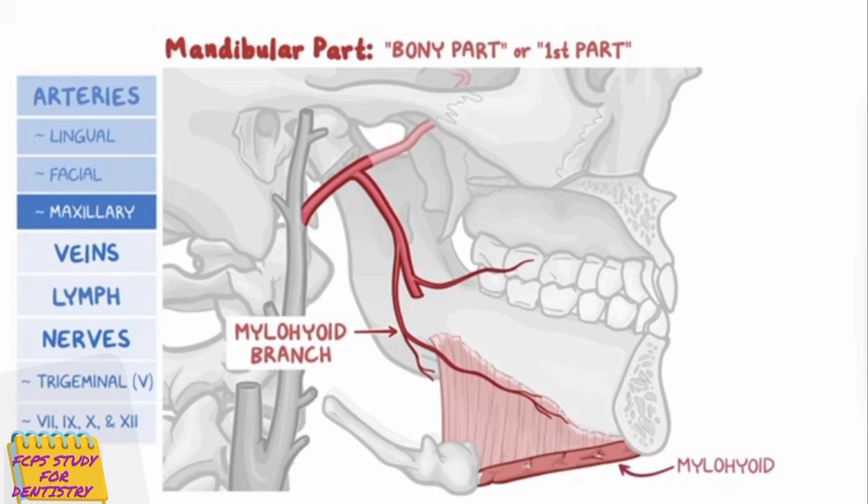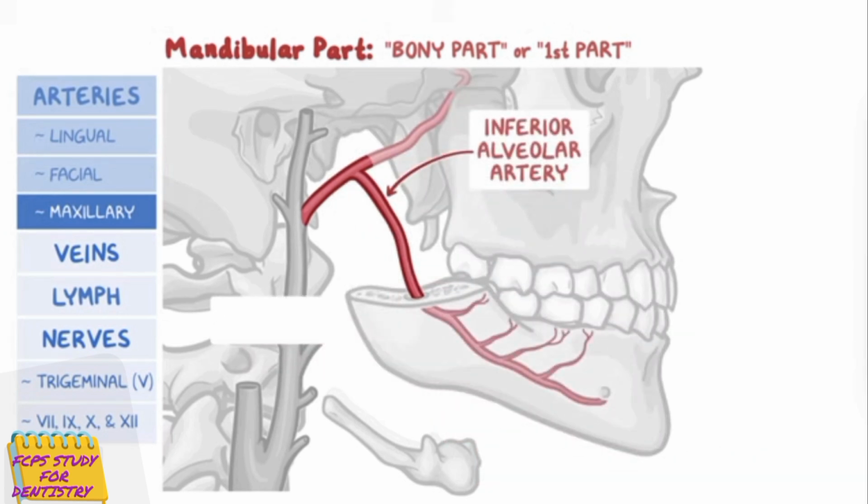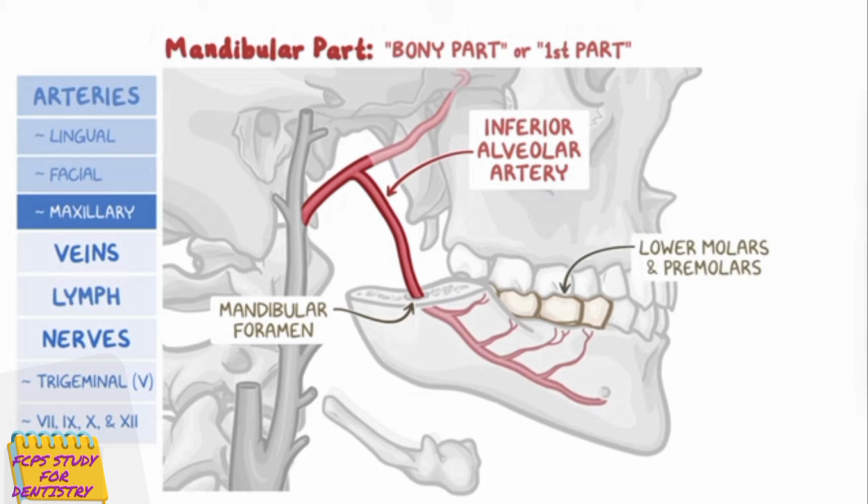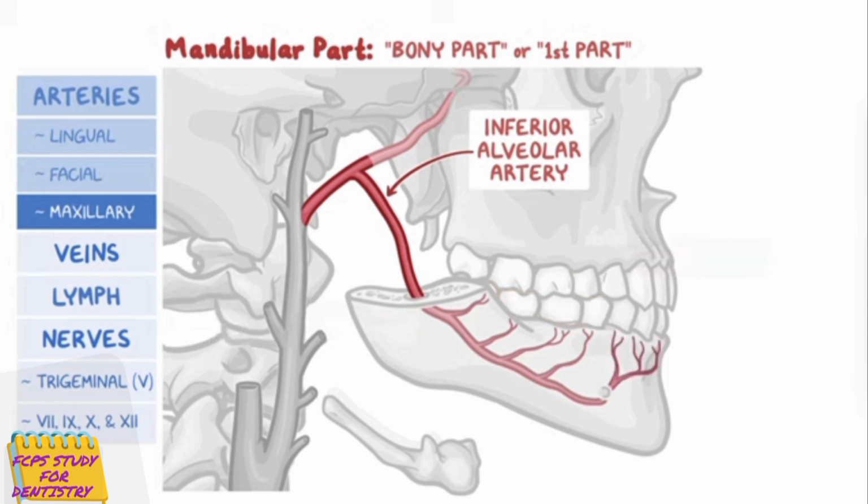Then, the inferior alveolar artery runs through the mandibular foramen to enter the mandibular canal, supplying the mandible and lower molars and premolars. Near the first premolar, the inferior alveolar artery divides into two terminal branches, the incisive branch, which supplies the incisor and canine teeth, and the mental branch, supplying the chin.